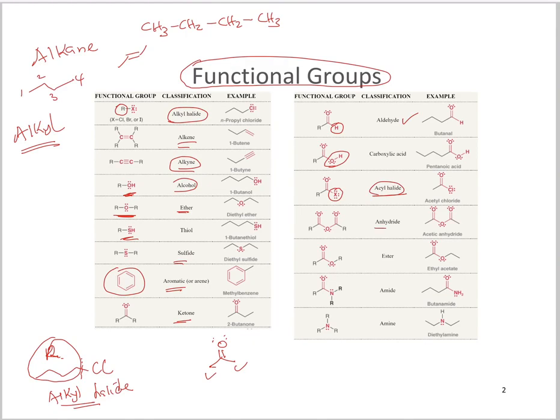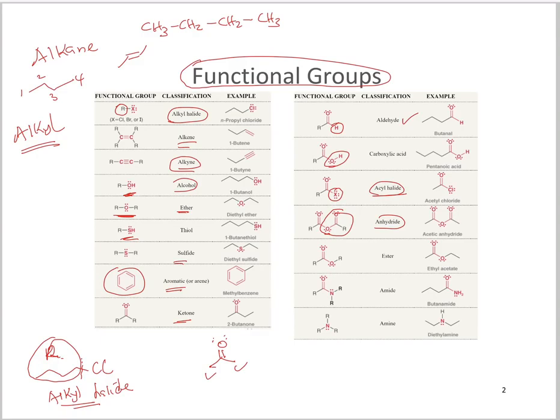For an anhydride, we replace the carbon of the ketone with another portion of the carbonyl, which is connected to an oxygen.